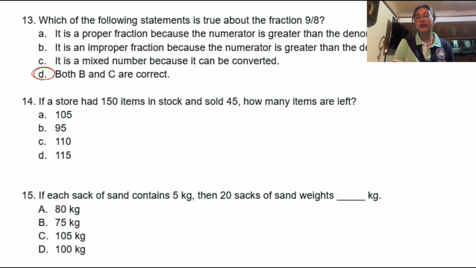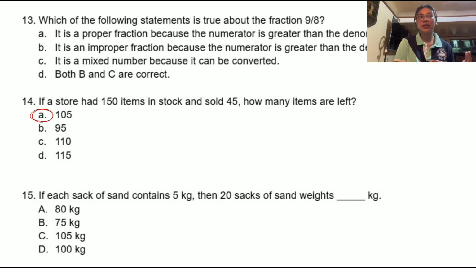Now moving forward to number 14. If a store had 150 items in stock and sold 45, how many items are left? A, 105, B, 95, C, 110, and letter D is 115. So the correct answer for this number would be 105.